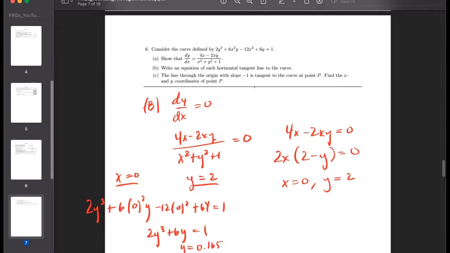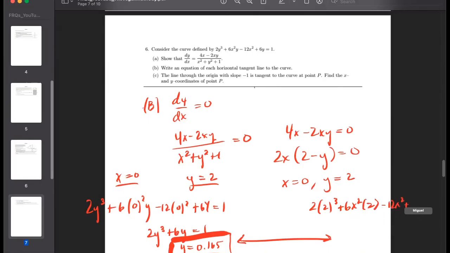So now we have our equation: y is equal to 0.165. The other case is y is equal to 2. Plug 2 into this equation: we get 2 times 2 cubed plus 6x squared times 2 minus 12x squared plus 6 times 2 is equal to 1.